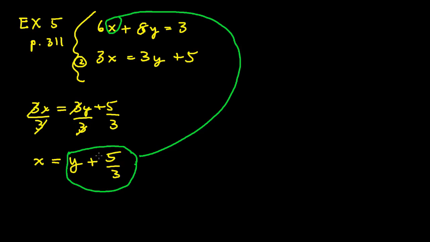You see multiplying by 6 will get rid of that 5/3 fraction in a moment, so maybe we're not doing too badly here. Let me write that out. I'll take 6 times this expression right here, 6 times y plus 5/3 plus 8y equals 3.